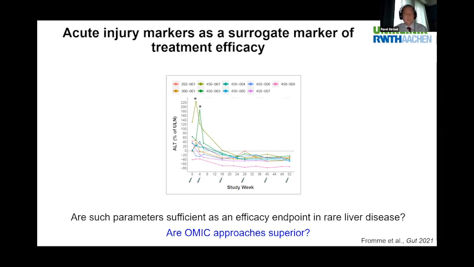For example, with this siRNA treatment, you get a normalization of these acute injury markers within a few weeks. Ideally, if you used more than one marker, you would get an endpoint and a surrogate parameter, which could be quite useful in the FDA battle. Next slide.